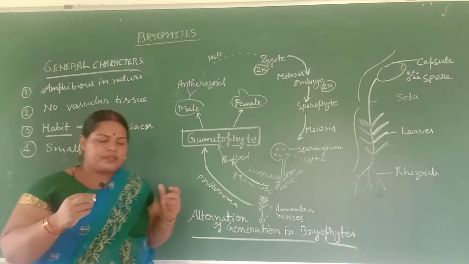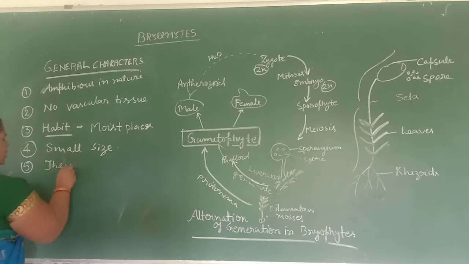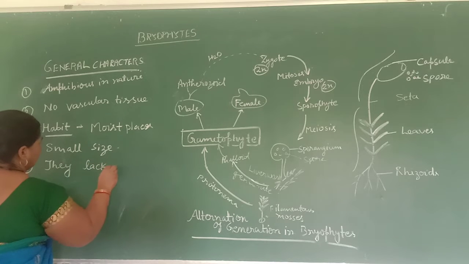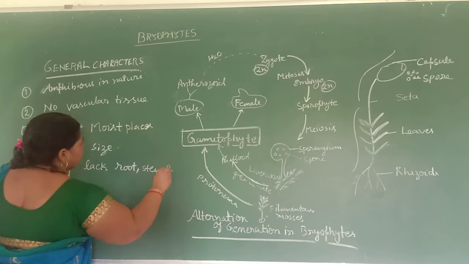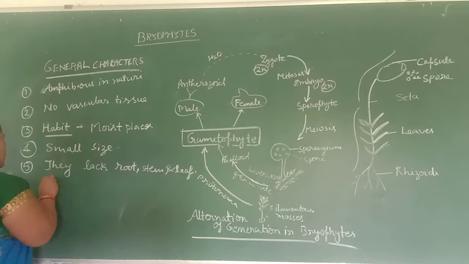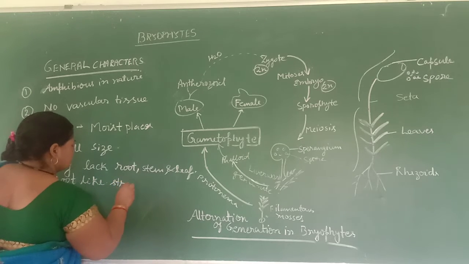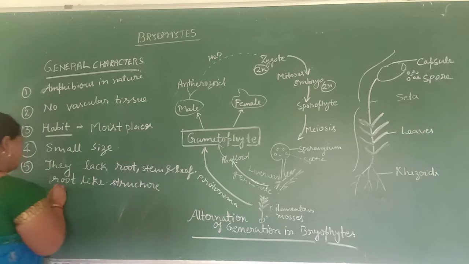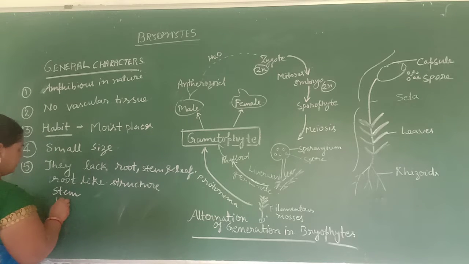Next character is that they lack root, stem, and leaf, but they are found with root-like structure, stem-like structure, and leaf-like structure.